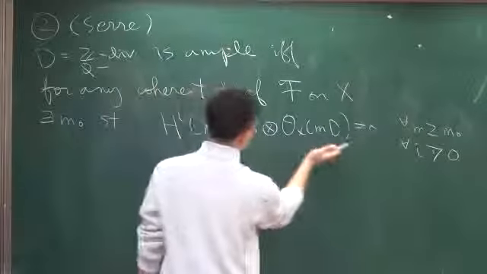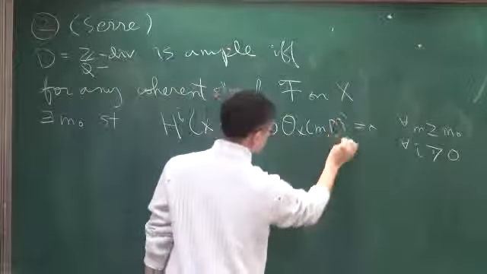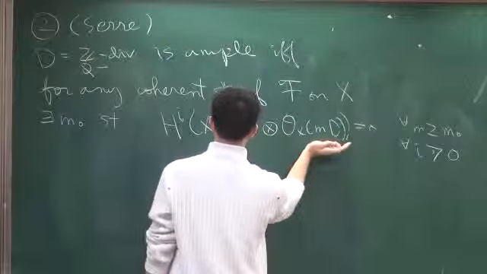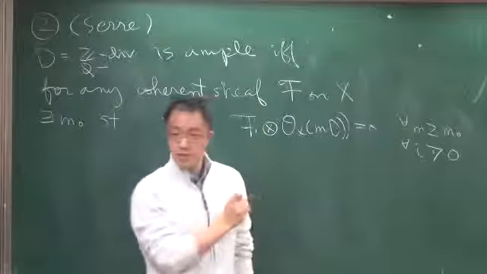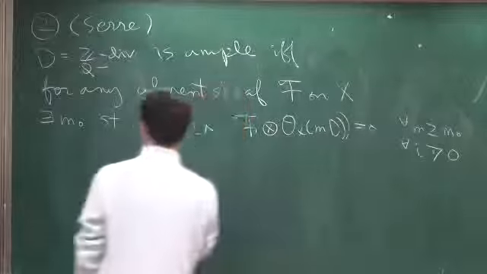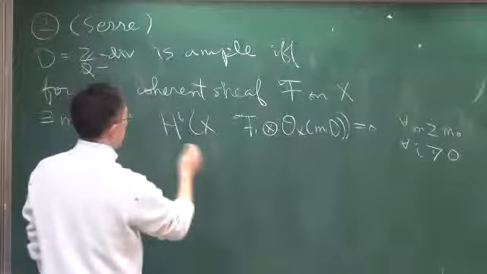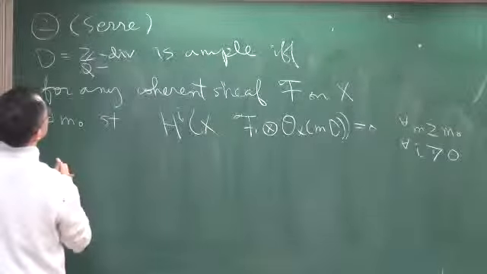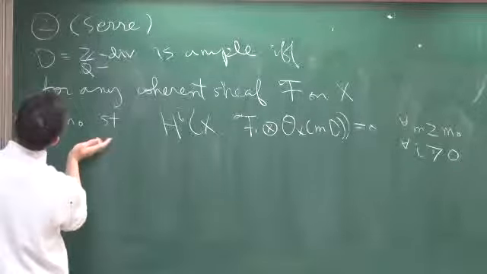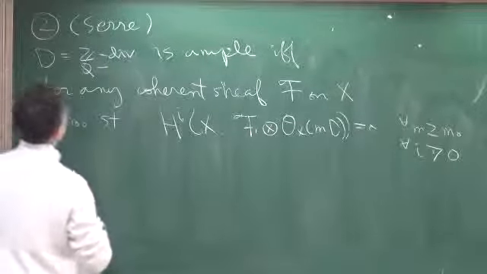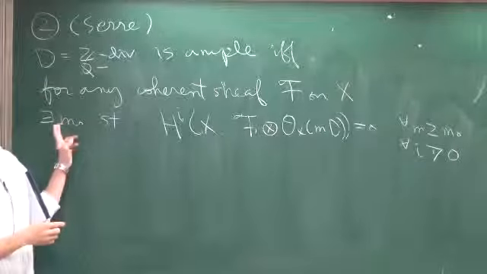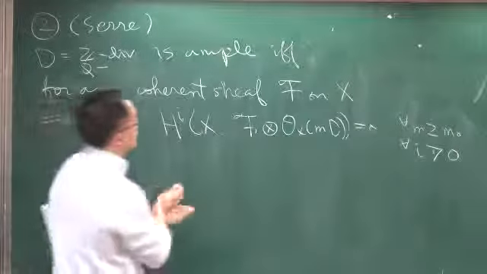Of course, this condition also makes sense if D is a Q divisor. For R divisors, maybe we don't need to define it. So anyway, this is well known. This is even in Hartshorne's book.